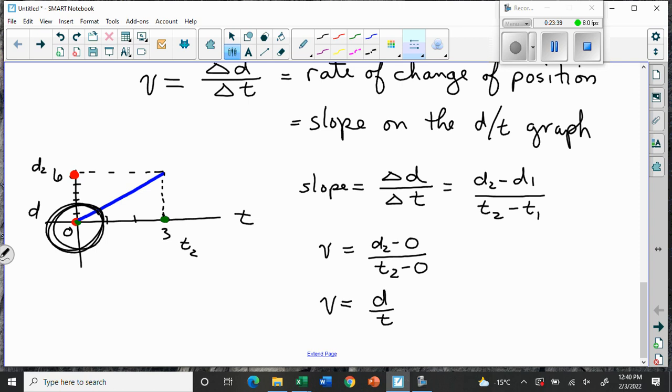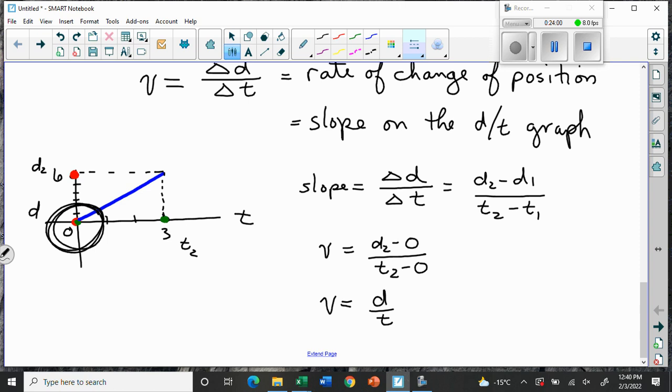If we imagine that we're starting at 0, the d now just represents going up to the red dot, and the t represents going to the green dot, and we get this little shortcut, v equals d over t. But we have to remember that the d and the t represent changes.